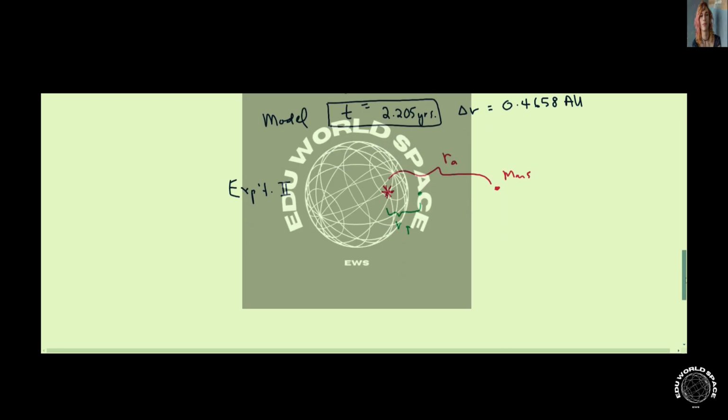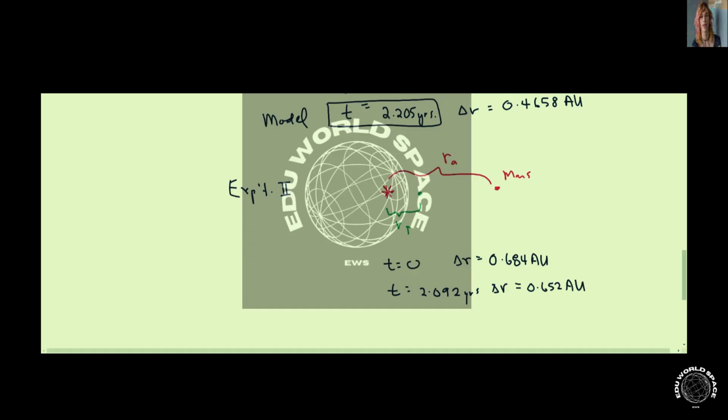And then what I measured was at t equals 0, they were separated by 0.684 astronomical units. And then 2.09 years later, they came back together again in alignment, and the delta r had gotten smaller.